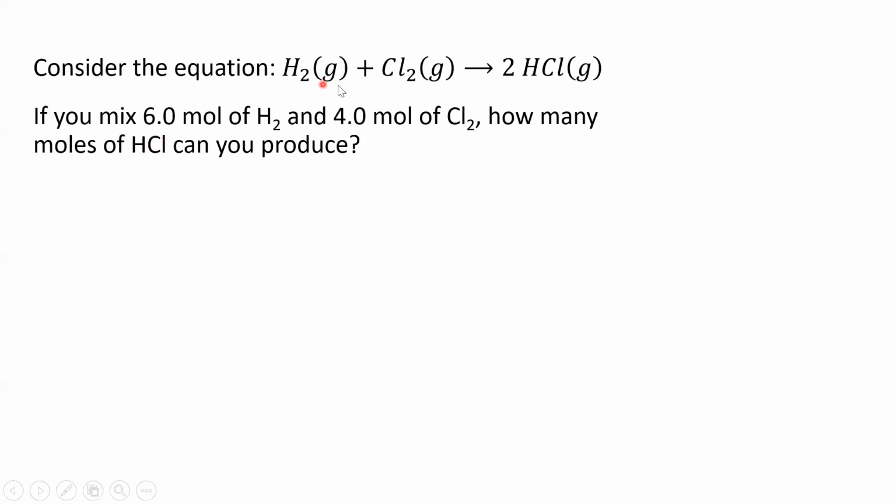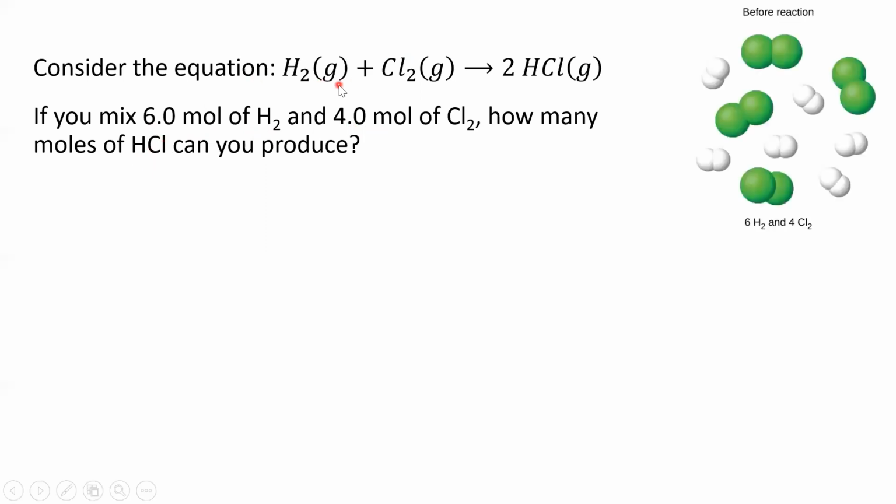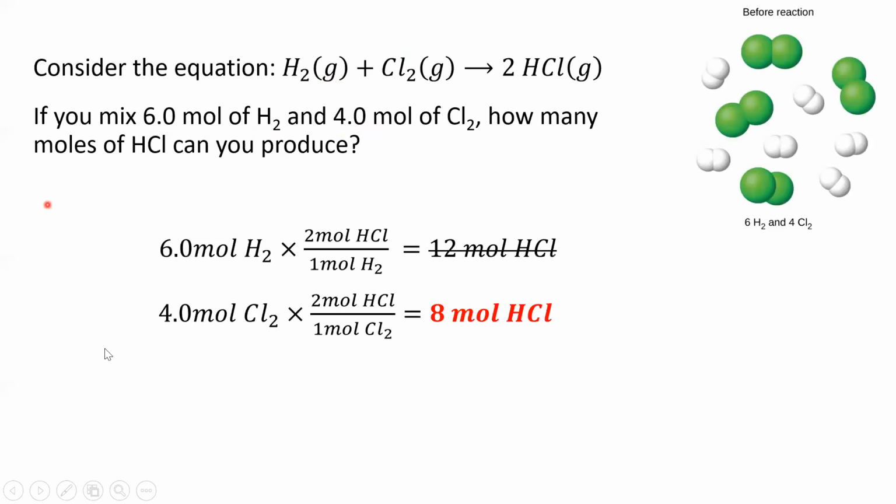Well, we're going to use our balanced equation just like we did with our sandwiches. So 6 moles of hydrogen is going to enable us to make 12 moles of hydrogen chloride because it's a 1-to-2 ratio. But 4 moles of chlorine are only going to allow us to make 8 moles of hydrogen chloride because it's a 1-to-2 ratio.